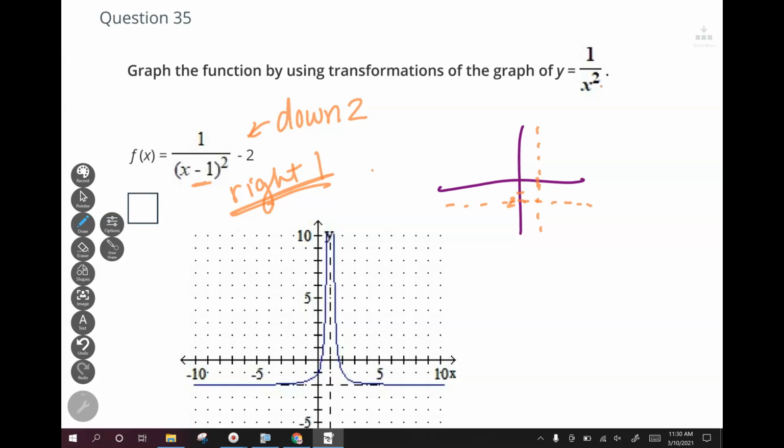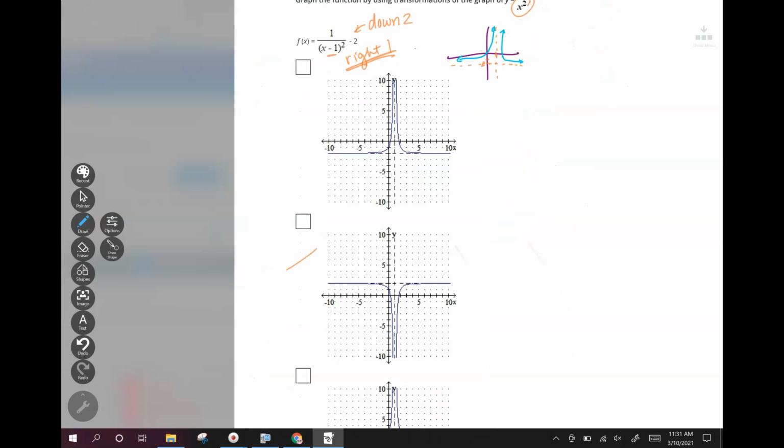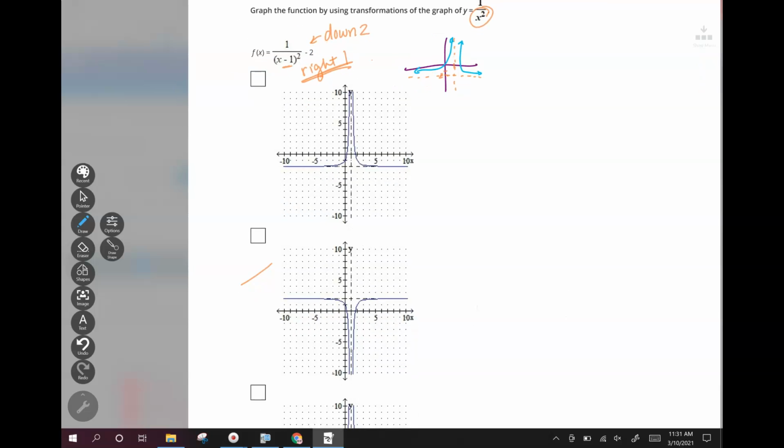Now we should know that x squared, the parent function, has the shape where both curves are above the horizontal asymptote like this, unless it gets reflected over the x-axis, then they would be below the horizontal asymptote. So let's look at our options here.